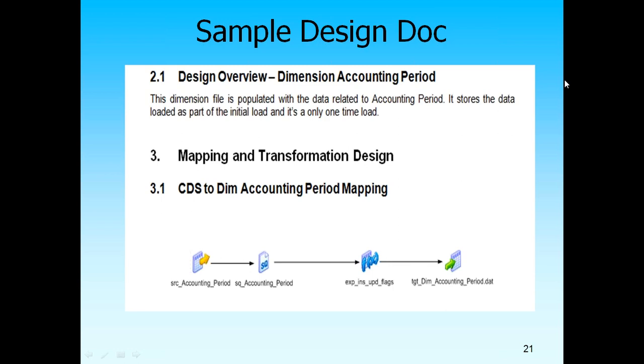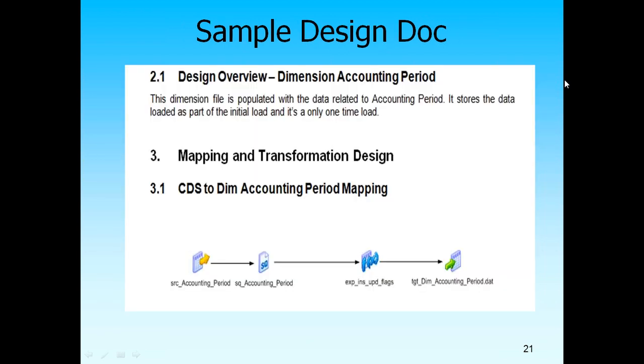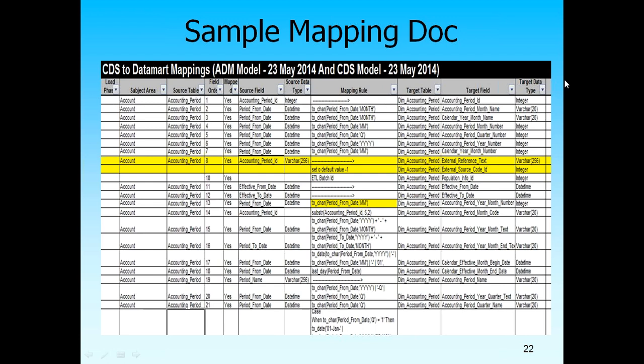So what transformation needs to be used, and what are the business logics that need to be implemented. Okay. So what complete information is available in this, and the document is nothing but the mapping document. These are the design documents, and this is the mapping document.